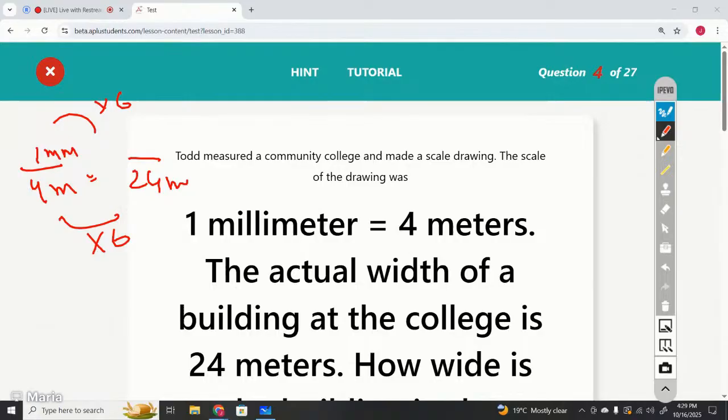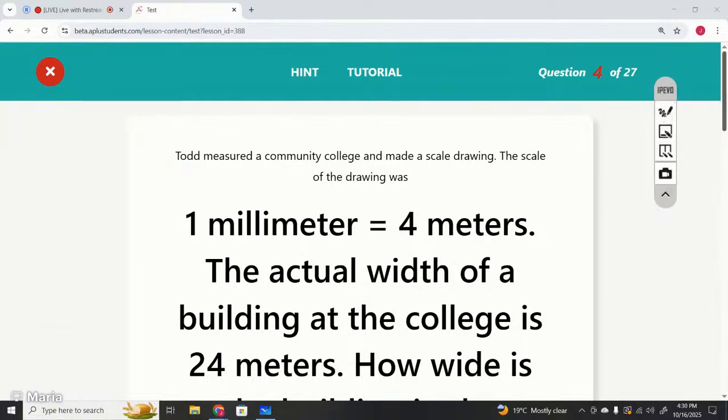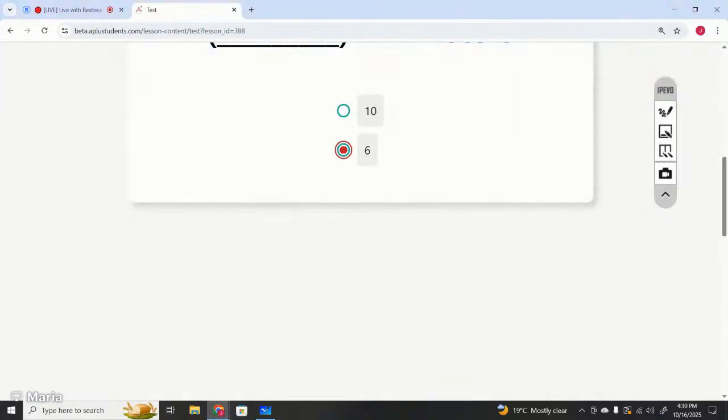Then 1 times 6 is 6. That is 6 millimeters. The correct option is 6. Option number 2 is the correct option.